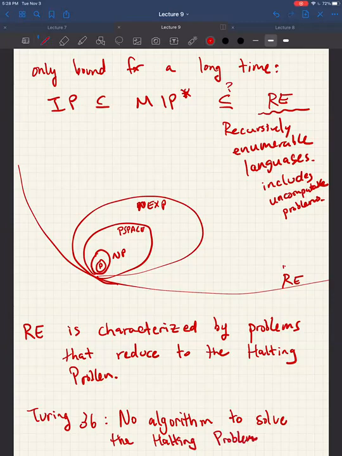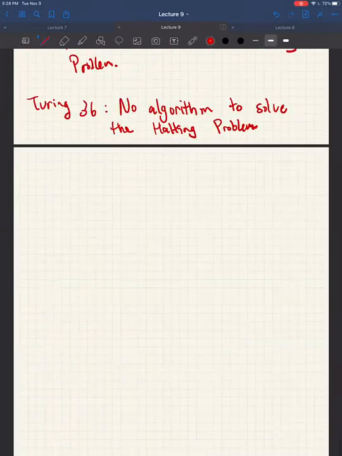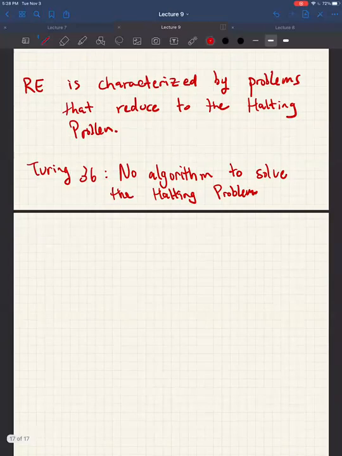There's no algorithm to figure out if other algorithms in general ever terminate. And the way you prove this is through a self-referential argument. Suppose there was such an algorithm that was very clever and could figure out when algorithms would terminate. Then you can ask it to figure out if it terminates on itself.